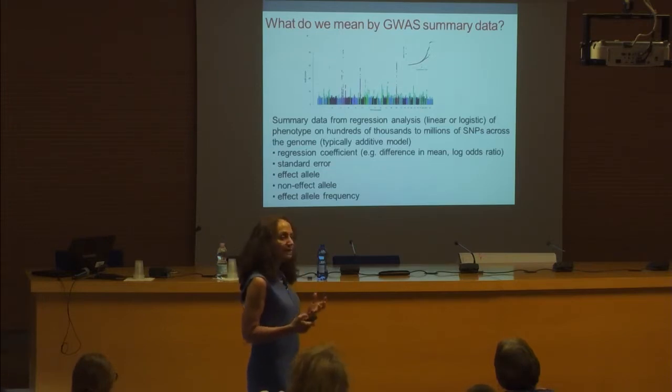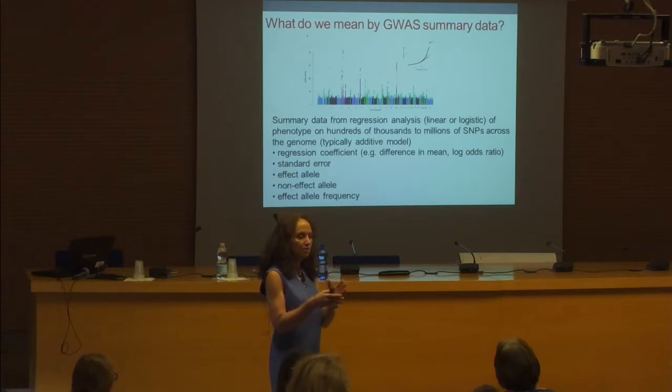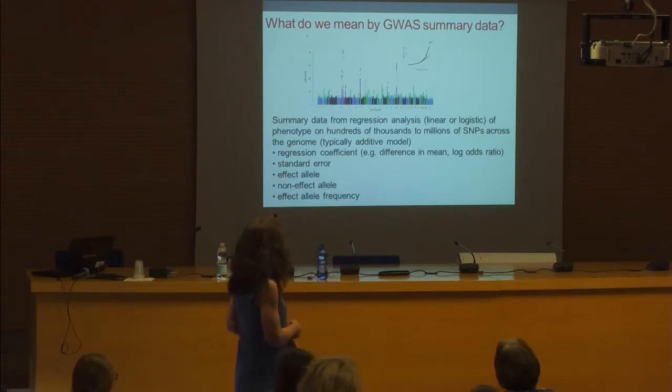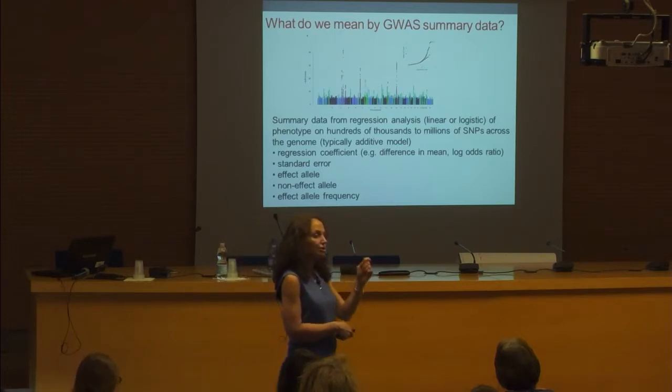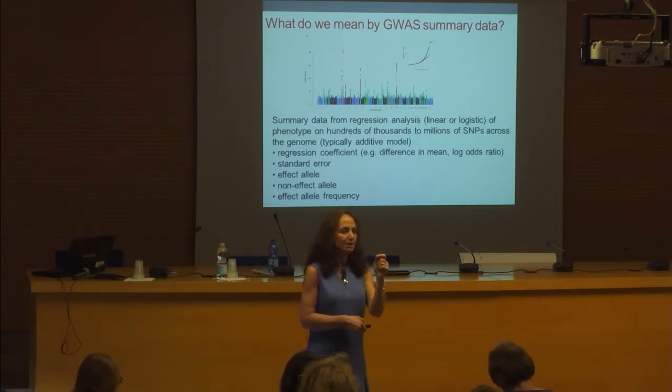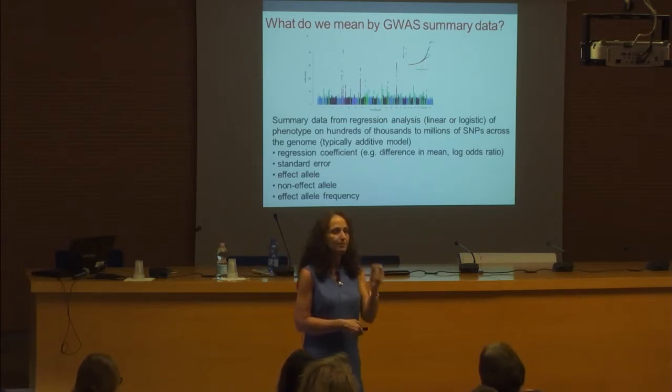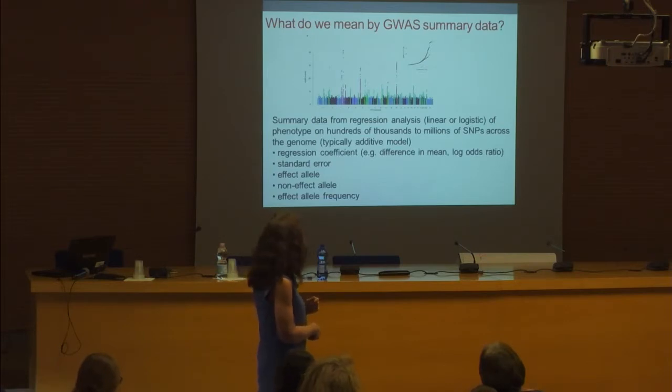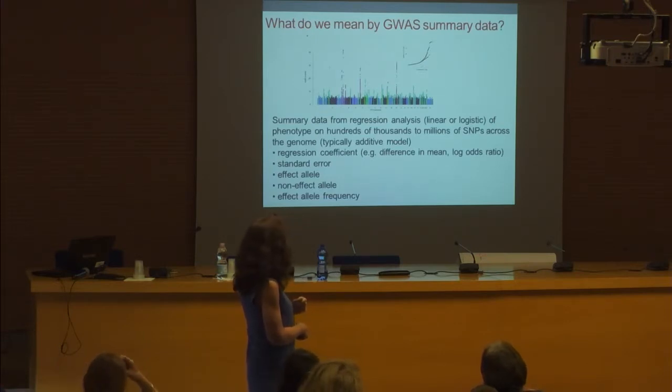What the summary data produce are not data on individual participants, but they produce for each of the 2 million genetic variants the unique ID, a thing called an RS number for those genetic variants, the regression coefficient, the standard error, which of the 2 alleles that you can have at a particular part of your genome is being looked at in this particular genome-wide association study, which is the non-effect allele, and the allele frequency.